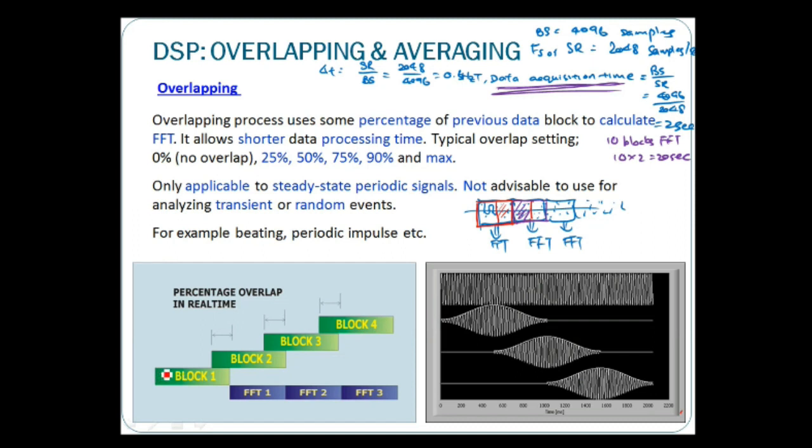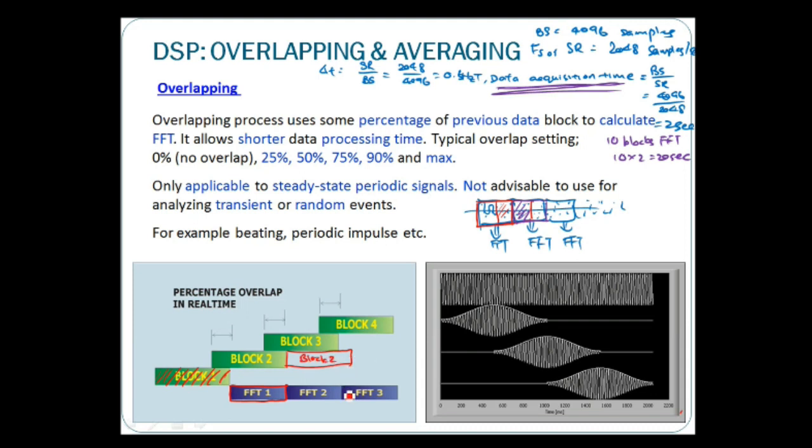But last time, when it was not so fast, you have this first block, then you perform FFT. After you finish the one block, only then can you perform FFT, right? If you don't do overlapping, then after this you have your second block, block 2.